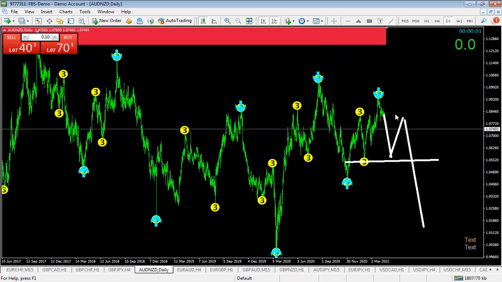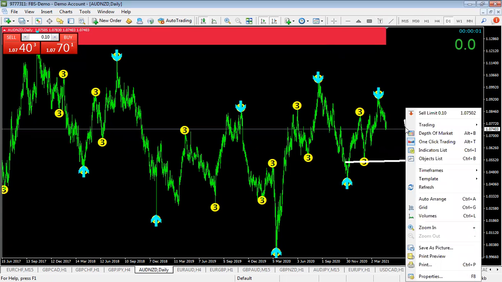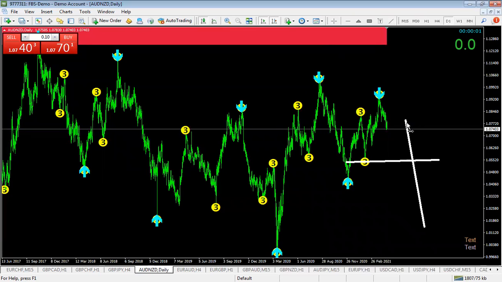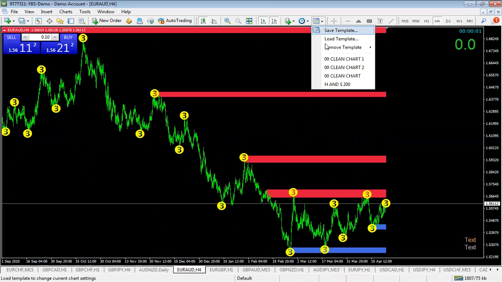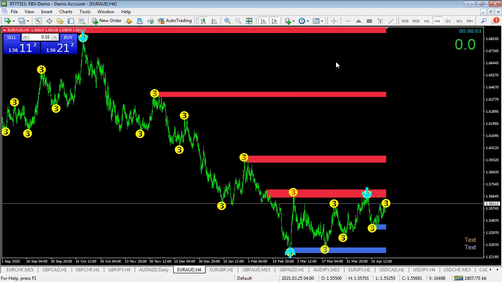That'll be cool, right? So we'll just wait and see what's going to happen. Let the market tell us what's going to happen. Okay, so let's go to the next currency pair and see.